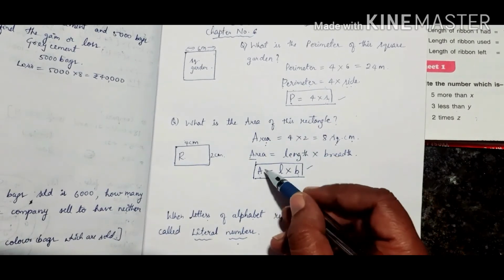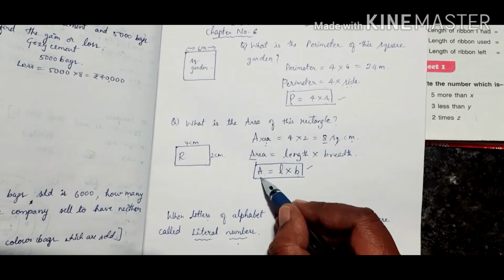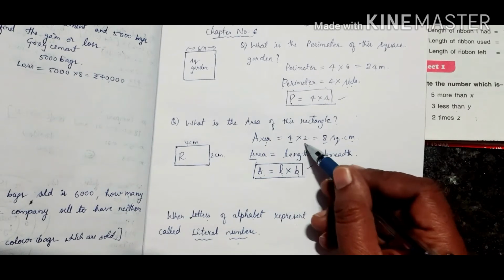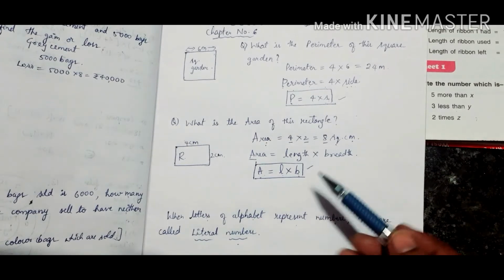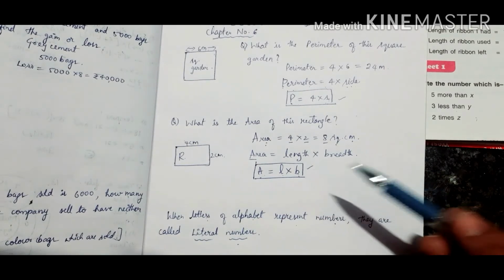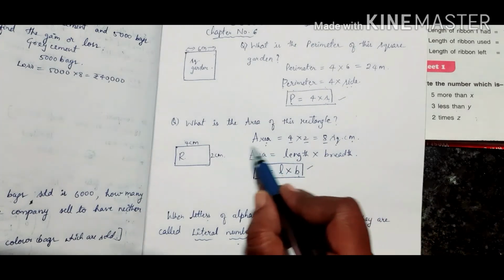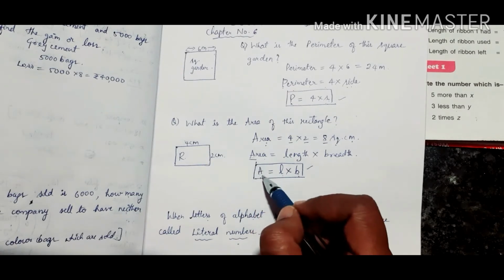For example, here the area we have calculated is 8, the length is 4 and the breadth is 2 centimeters. So when letters of the alphabet represent numbers, they are called literal numbers. Instead of the full word, we take only the first letter of the word.